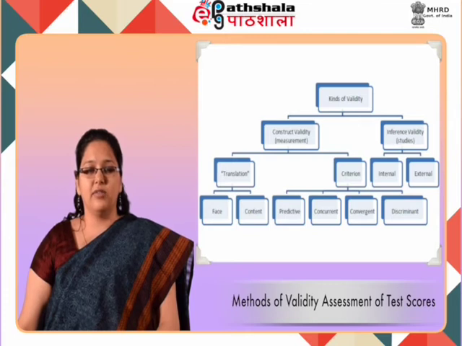The two methods differ in the timing of data collection for the criterion variable. In establishing the concurrent validity, the data collection for predictor and criterion variables are done at the same time, whereas in predictive criterion related validity, data from the criterion variable is gathered from the past.